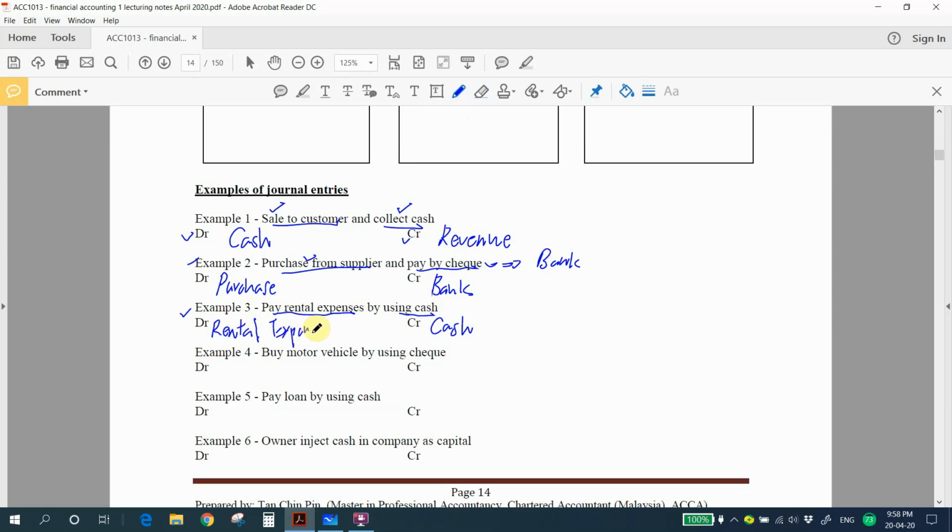Because there are many types of expenses, for example water, electricity, salary. So to be more specific, we should write down the nature of the expenses. For this example, rental expenses. Next one: I buy motor vehicles by using cheque.